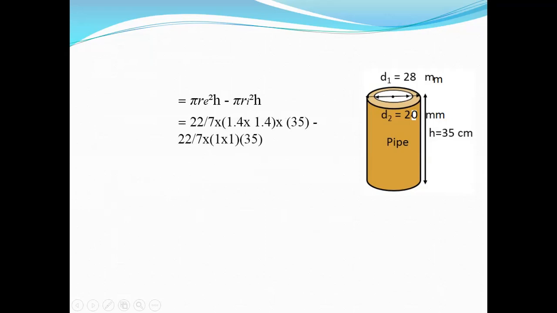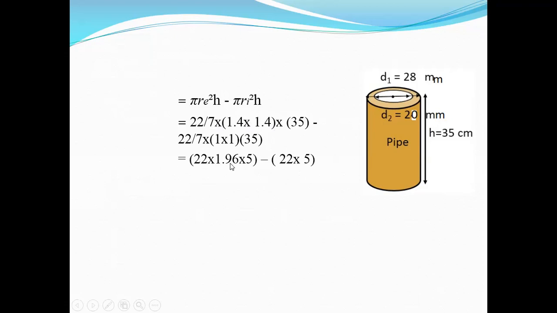So putting the values: 22 upon 7 multiply by 1.4 multiply by 1.4 and multiply by 35. 1.4 is the radius of the external one and 1 is the radius of the internal one. After calculation, where we can simplify 7 by 35, 7 ones are 7, 7 fives are 35, and 1.4 multiplied by 1.4 will be 1.96.